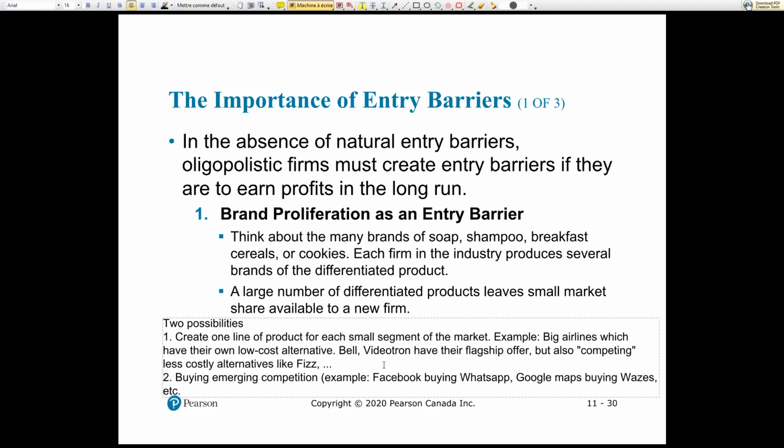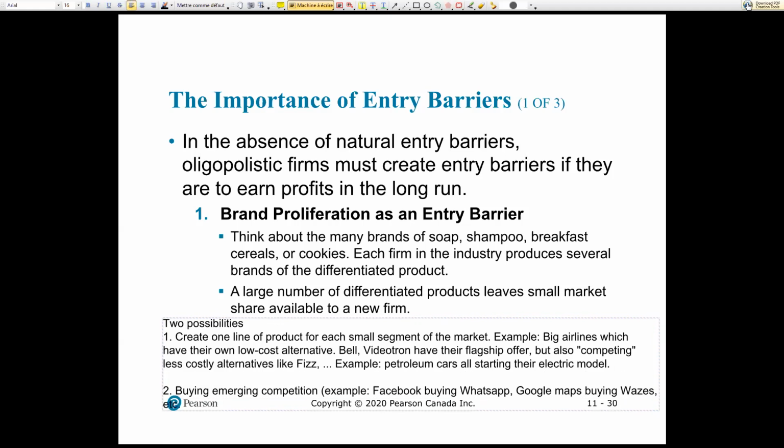Or yeah, one thing I could add is starting their electric model. But this, I agree, it's to compete against Tesla.